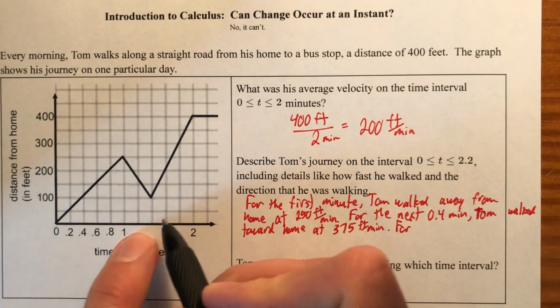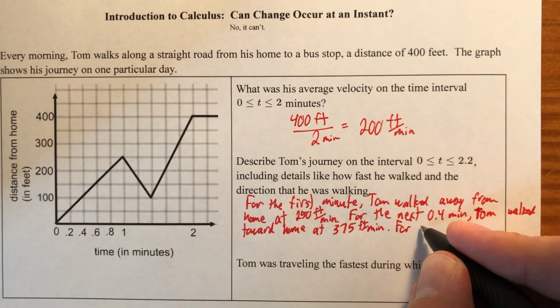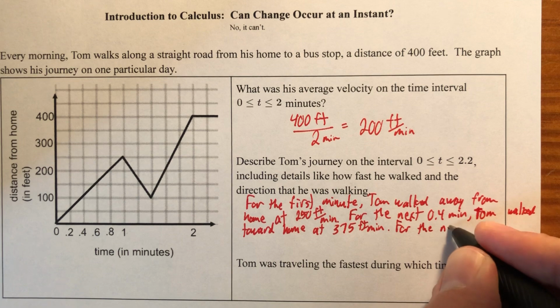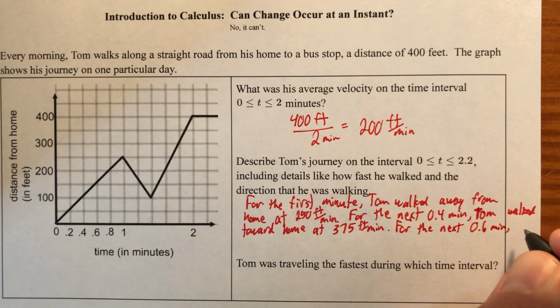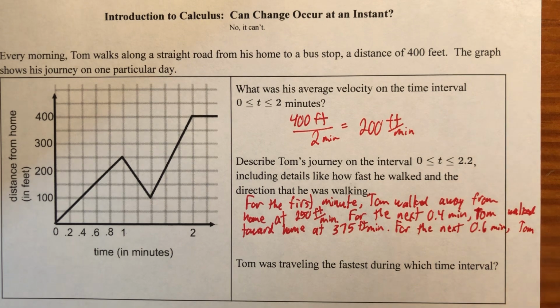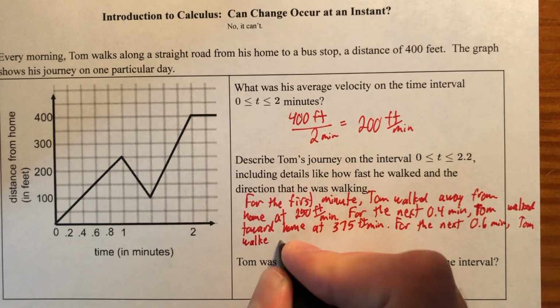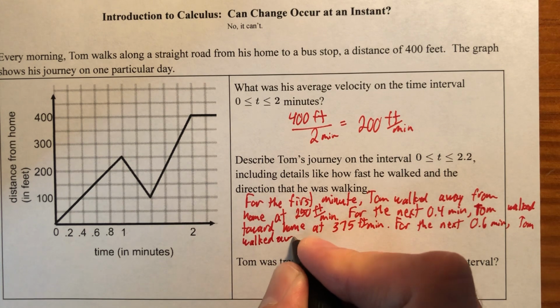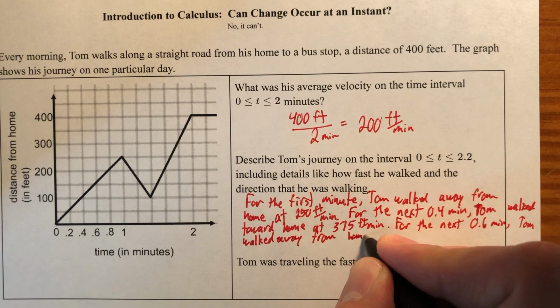All right, how long did this take? So 0.2, 0.4, 0.6. For the next 0.6 minutes, Tom walked away from home.